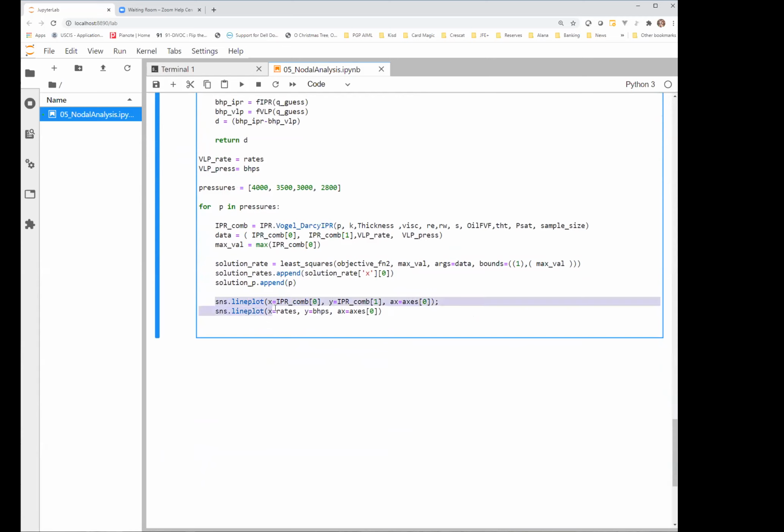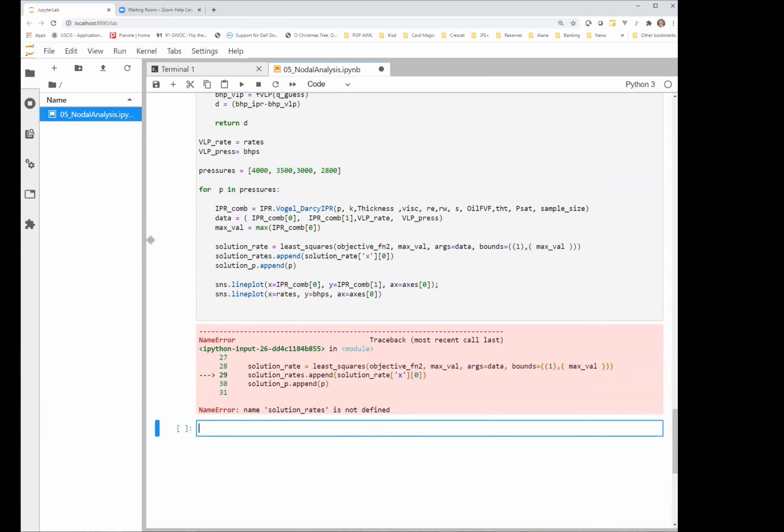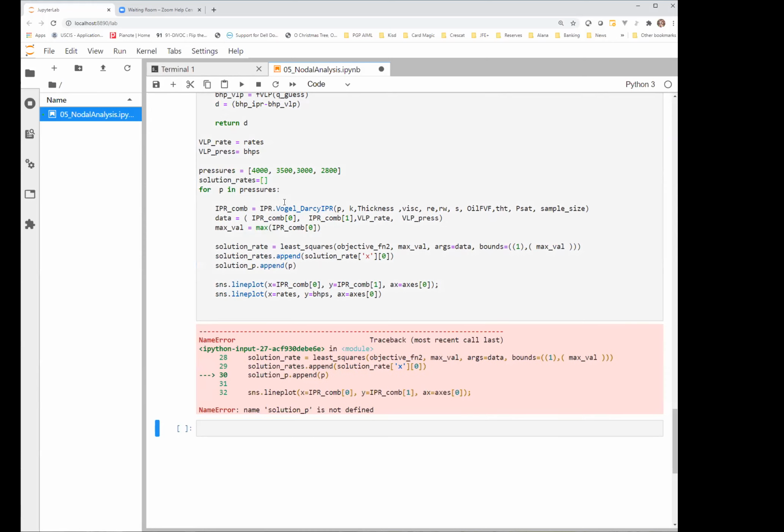And at the end, we do a line plot with the IPR and the VLP. So solution rates is not defined. Perfect. Yeah, we need to have an empty array here. Solution P is not defined.